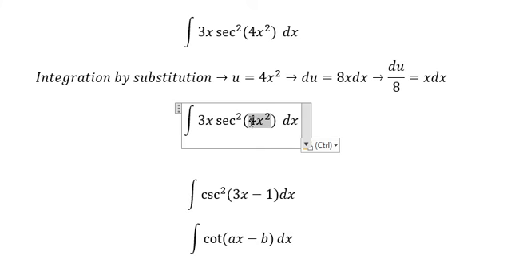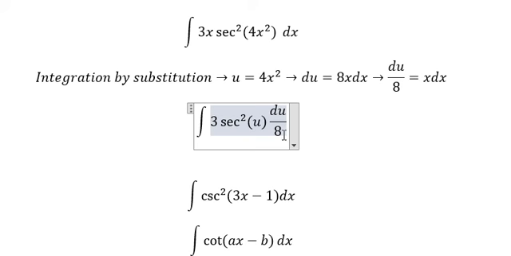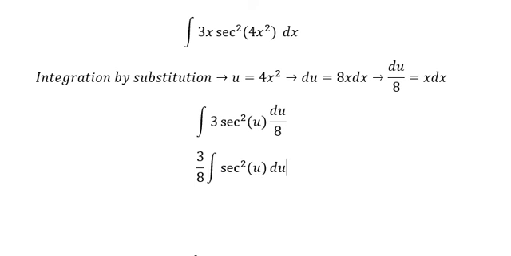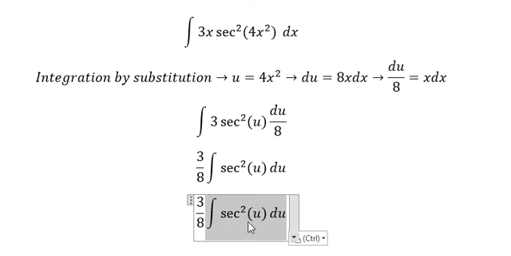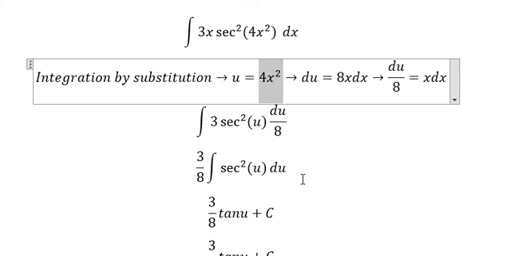So this one we change for u. s ds we change for du over 8. So I will put number 3 and number 8 go outside. So the integration of this one, you got tan u, and we put c. About u, that's about 4s squared.